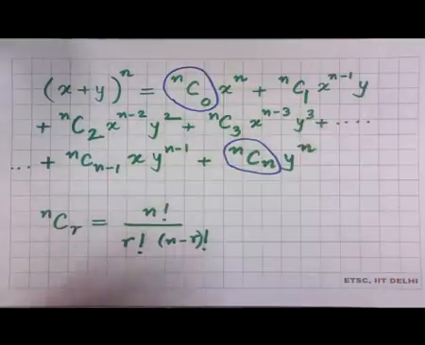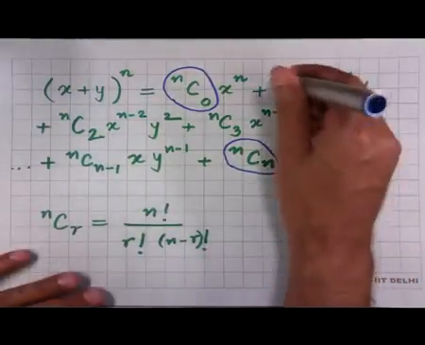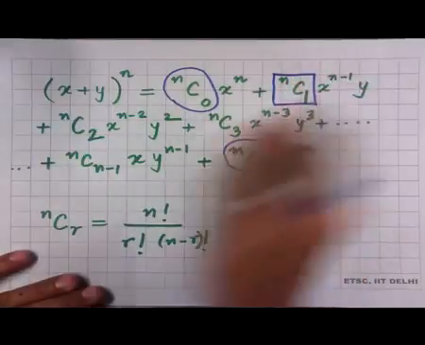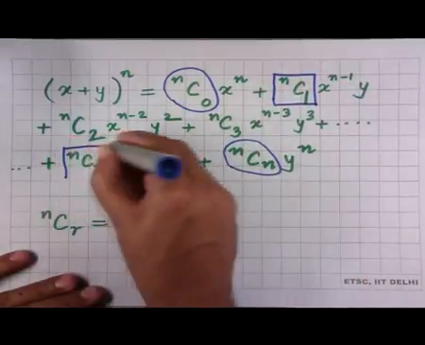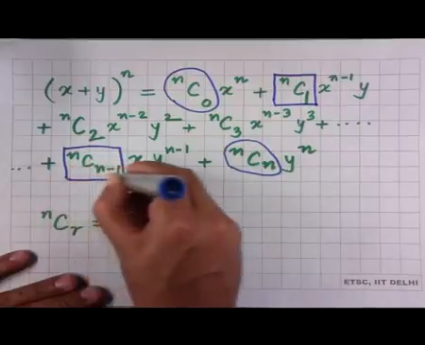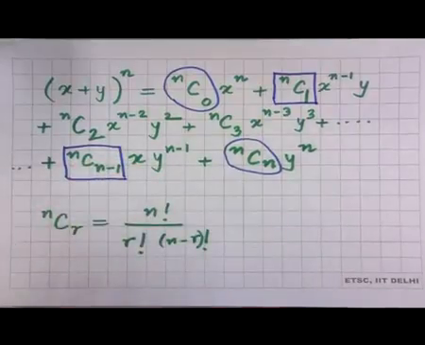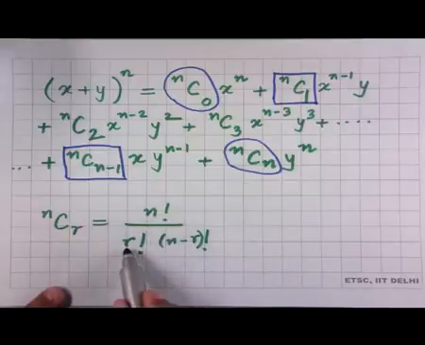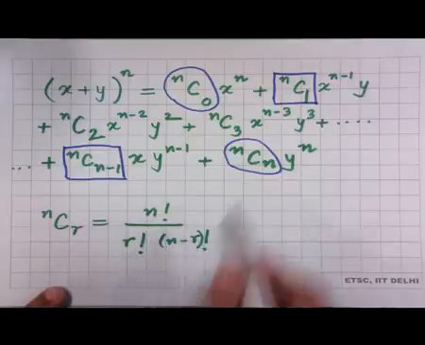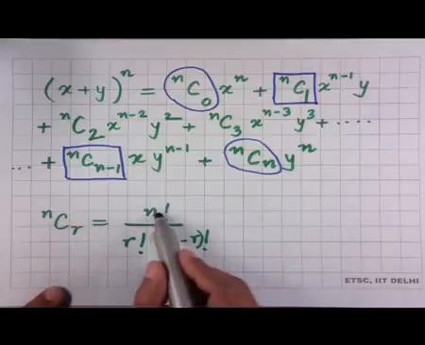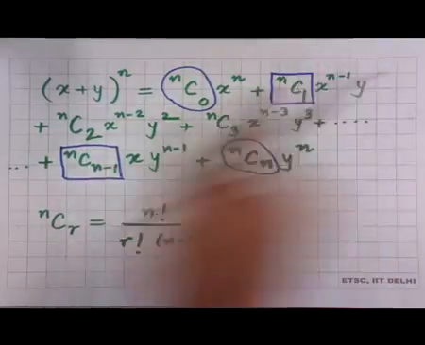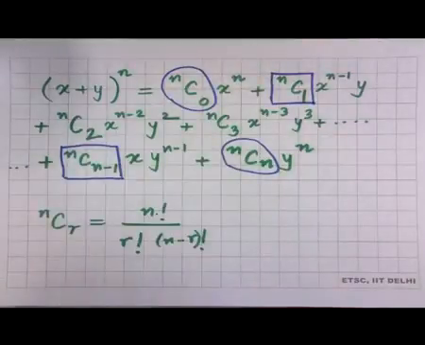Then the next result is that n choose 1 and n choose n minus 1 are equal. Why is that? Because here you have factorial n, factorial 1, factorial n minus 1. The other one you have factorial n minus 1, factorial 1. So, these are mirror images of each other, right.